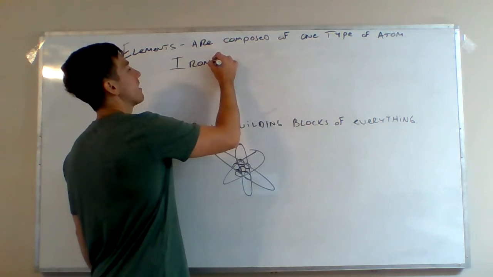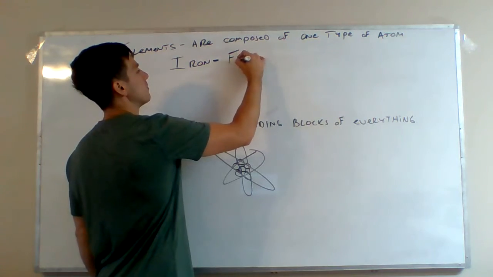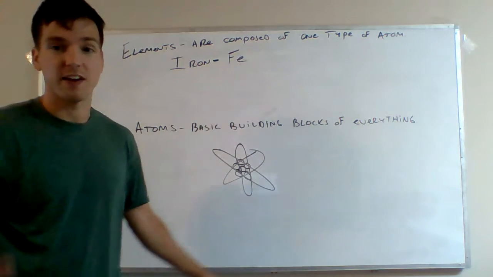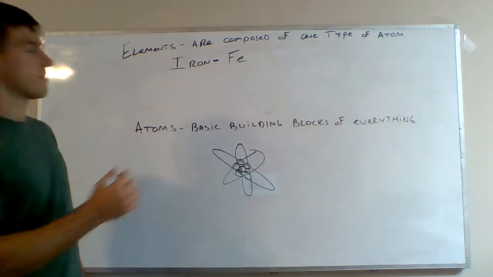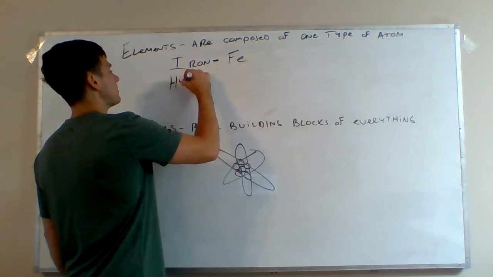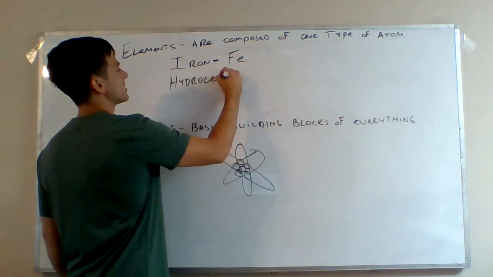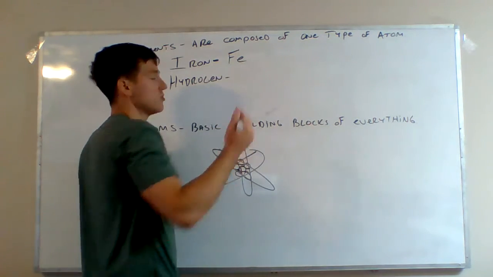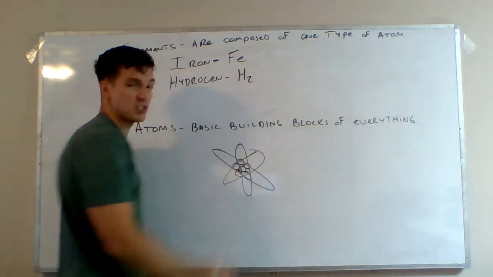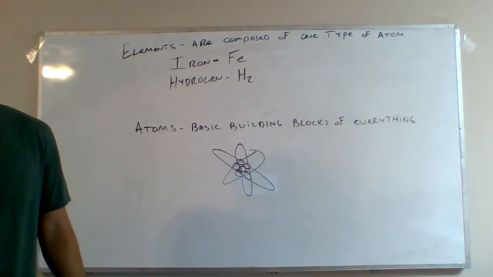Okay, here I have iron. Its chemical symbol is Fe for ferrous or ferric. Okay, it's Latin. You'll have hydrogen, which doesn't like to be by itself. So even though the symbol for hydrogen is H, usually when we see it in real life, it's H2. Likes to be paired with a buddy.